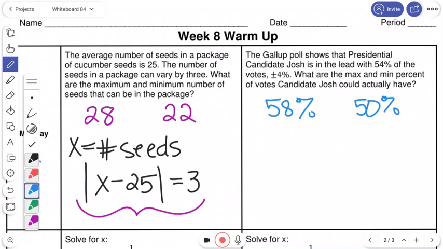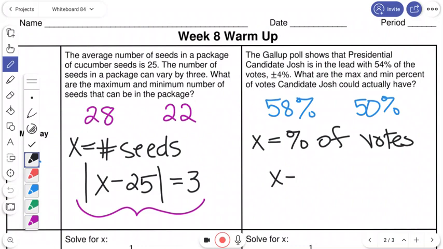How would we write this as an absolute value equation? Well, we would just say X represents the actual percent of votes that candidate Josh has. Okay. Now, if we want to talk about his actual percentage points and what their estimate is, the difference between the actual number and the estimate is 4%.